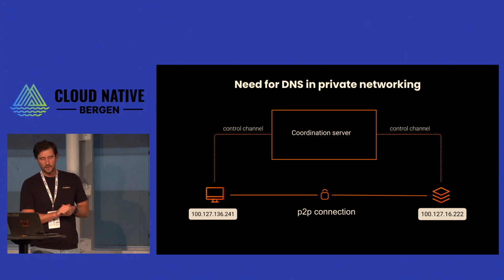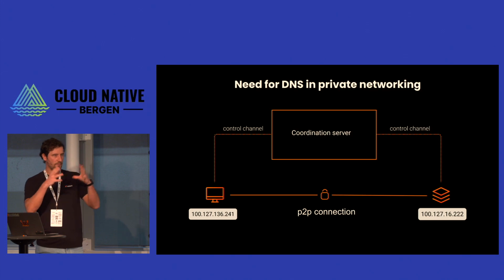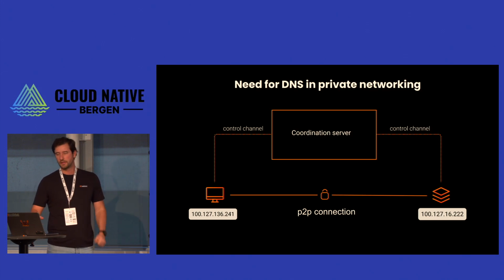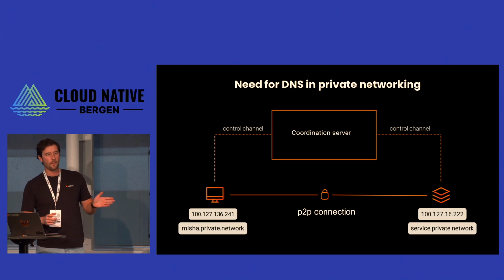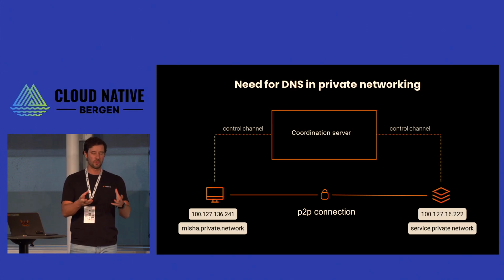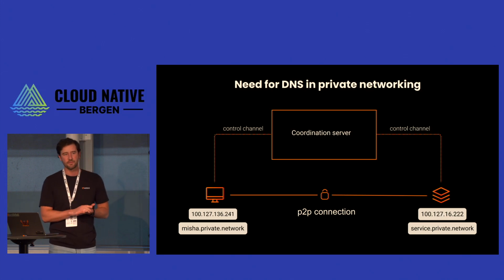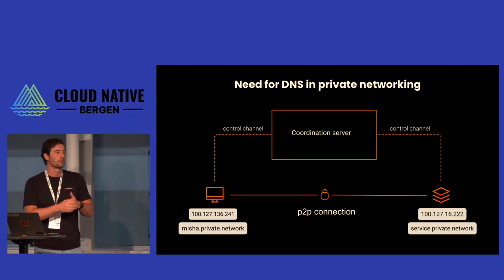We have the coordination server that does this. It's a core component in the architecture. To make it even more convenient and user-friendly, this coordination server can assign private names, so that you call your services, including Kubernetes services, by private names.